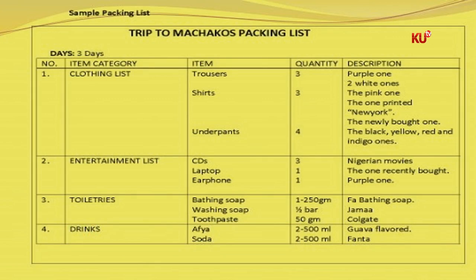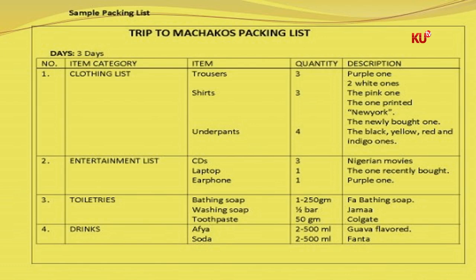So in the item category, and these function writings need you to go to the exam room with a ruler, because you will be drawing. You draw nicely. You can see on your screen, the number, just number 1. Item category, clothing list. That is the category for clothes.